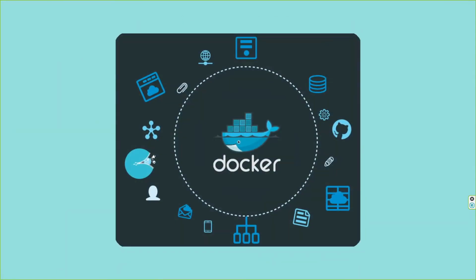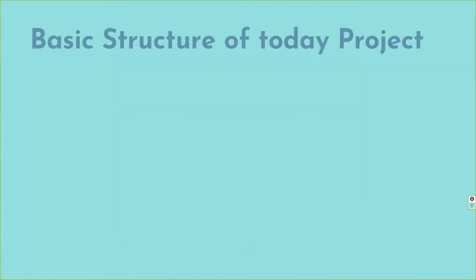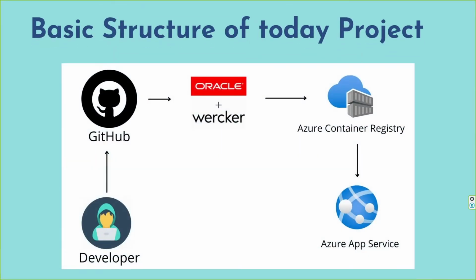So I think that's enough about Docker. So in here you can see the basic structure that I'm going to use today. The developer creates the application and pushes the source code to GitHub. And when the developer pushes the source code into GitHub, automatically the workflow pipeline will be triggered and started to run.